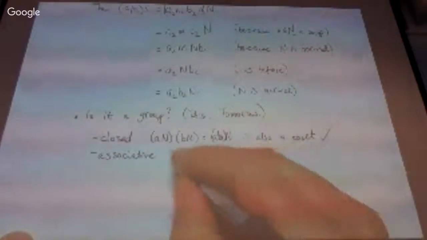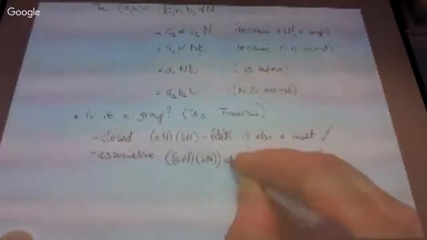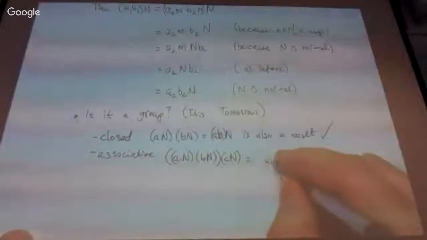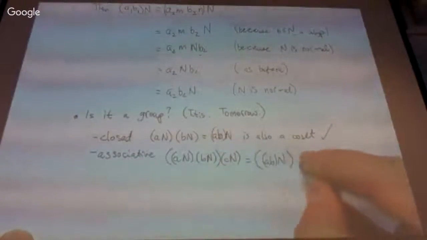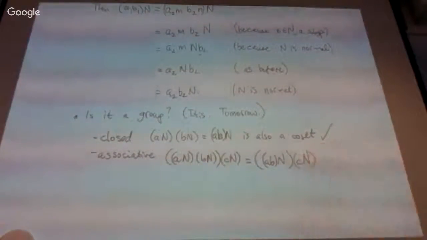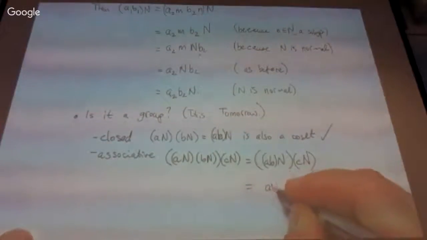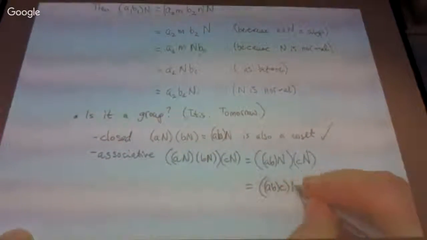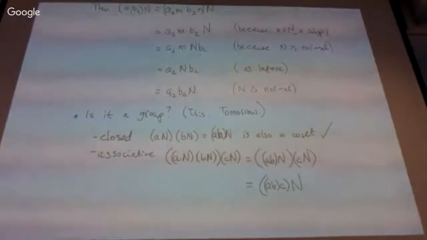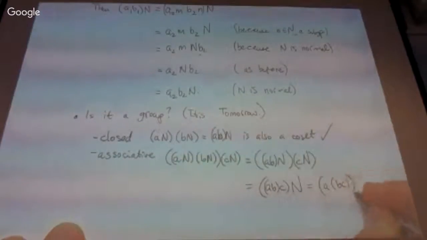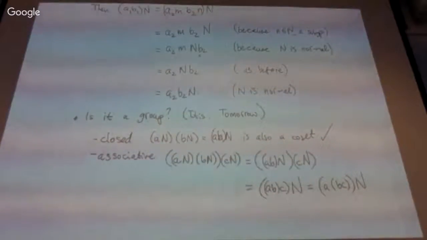So if you take this coset and this coset, get the result, and multiply it by this coset, what do you get? You get the coset of AB, which you're multiplying with the CN coset. So what do you get? The coset of ABC. Because the group operation is associative, you get ABC, the coset of this element.